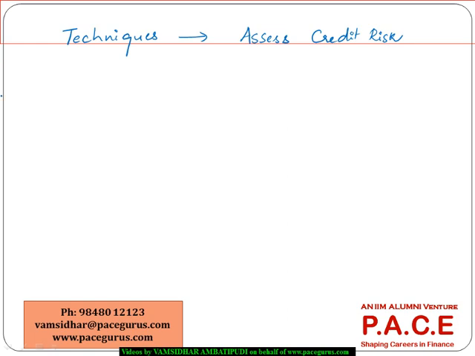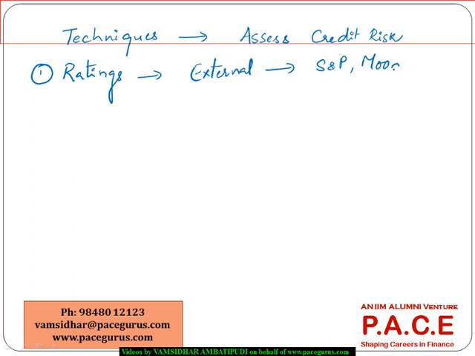The more common of those techniques is the credit ratings, generally given by external agencies, let's say like S&P or Moody's or Fitch, more common rating agencies. So these agencies provide the ratings to each and every issue.